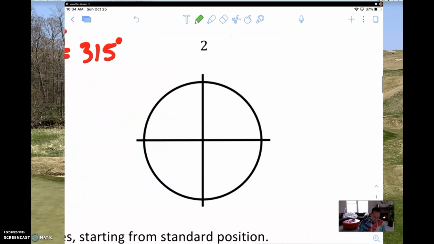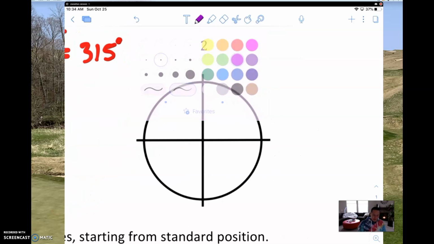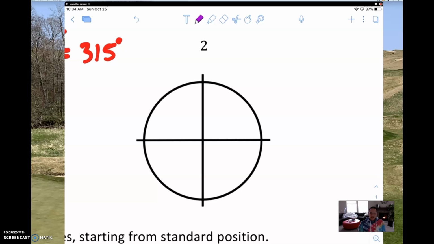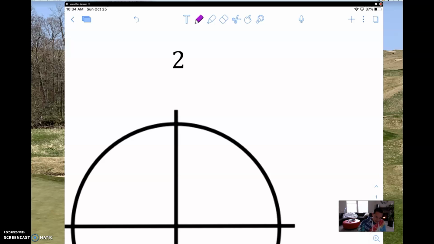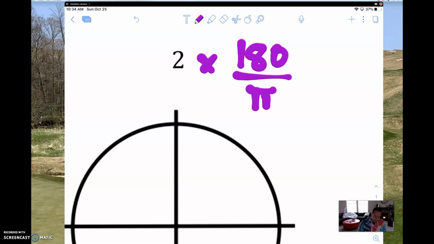Now we have a little different one. This one just says 2 radians. 2 radians, well, that doesn't have pi's in it, and that's okay. We can still convert it into degrees. So I'm going to multiply by 180 over pi. To convert that into degrees, you can just type this into a calculator.